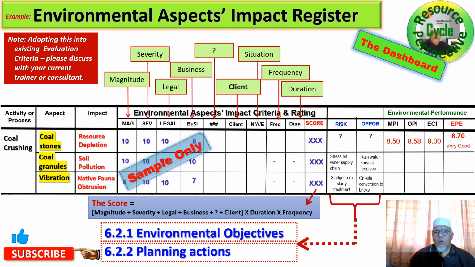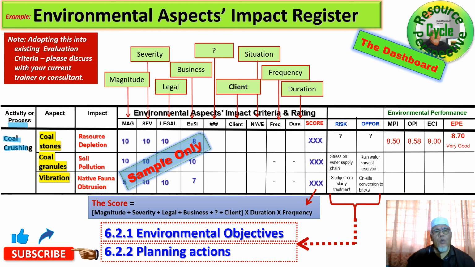Okay, I've got all my own evaluation criteria for all these environmental aspects. I've got it. So from the input output analysis, our friends are here. There, coal crushing is a process under this.